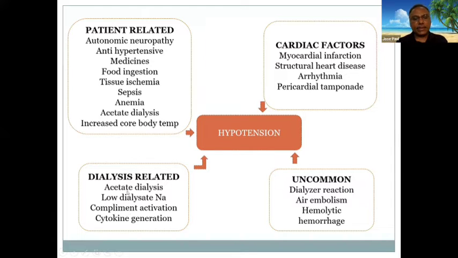Then dialysis related causes include acetate dialysis, low dialysate sodium, complement activation, and cytokine generation. All these are factors which lead to hypotension. Then you have to be aware of certain uncommon causes like dialysis reaction, air embolism, hemolytic reactions, and hemorrhage. So this is almost all the causes of hypotension that can happen in a patient who is on hemodialysis.